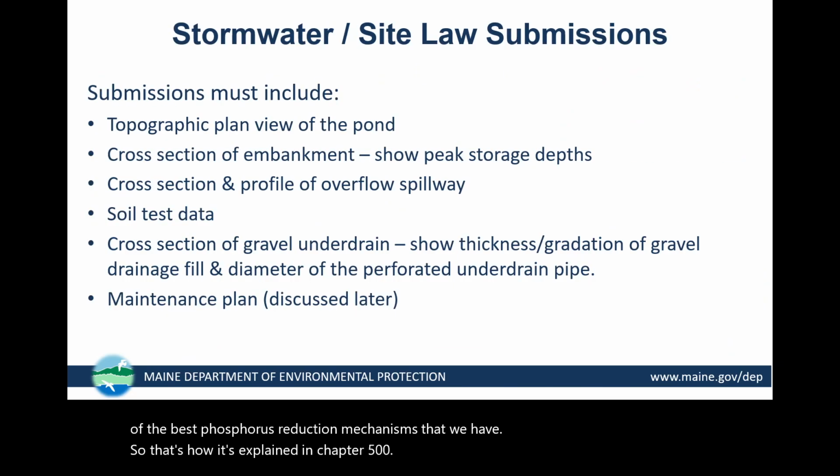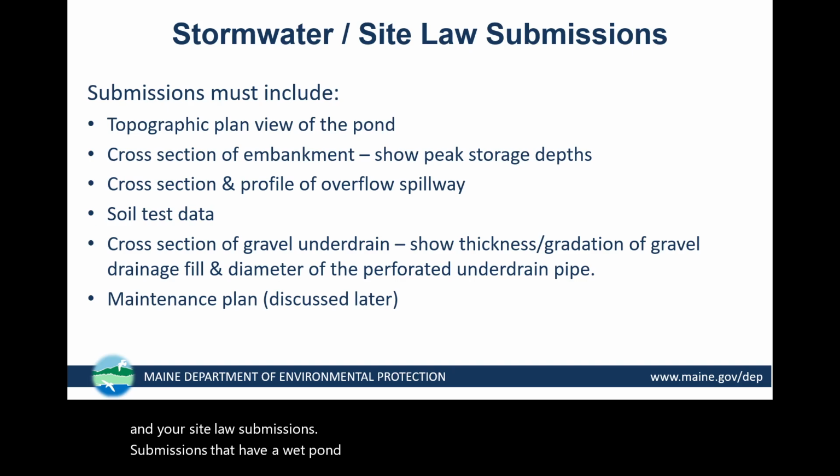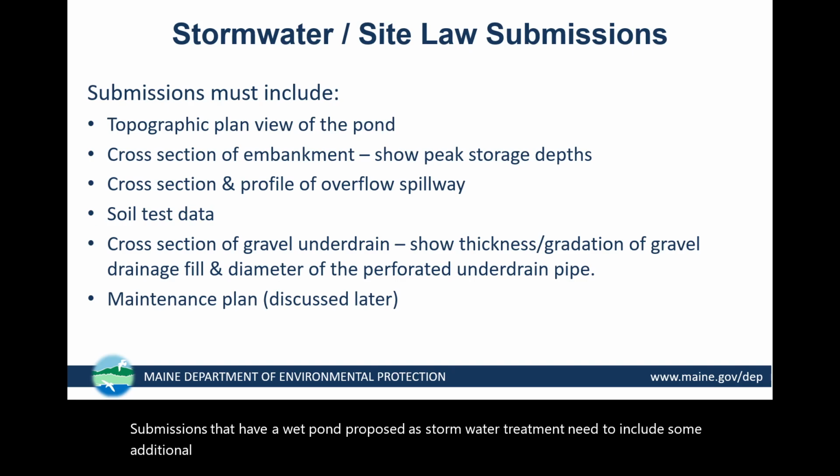Now, for projects that need to meet Chapter 500 standards, this is your stormwater projects and your site law submissions. Submissions that have a wet pond proposed as stormwater treatment need to include some additional details. So submissions need to include a topographic plan view of the pond.